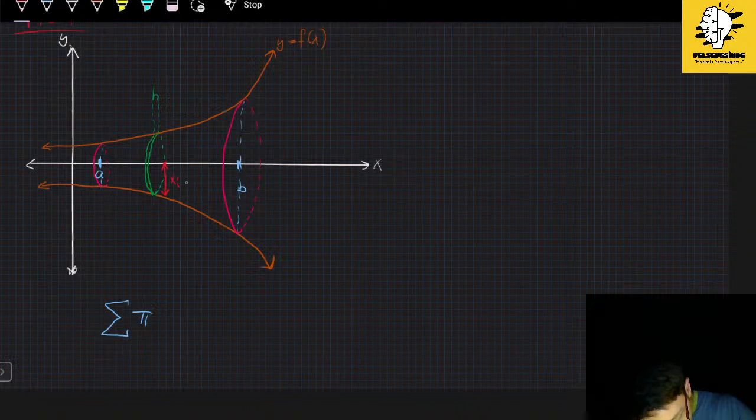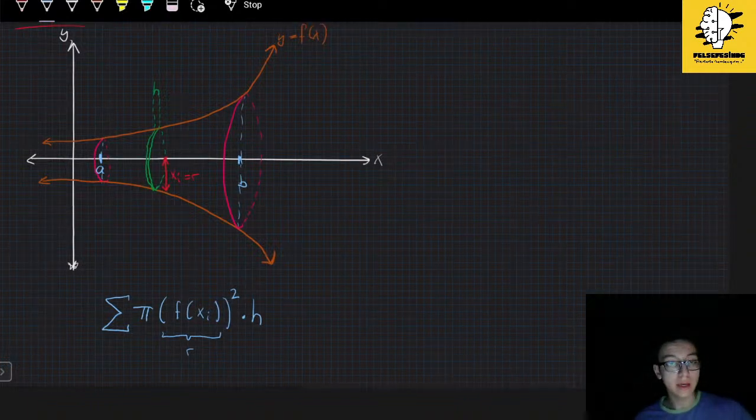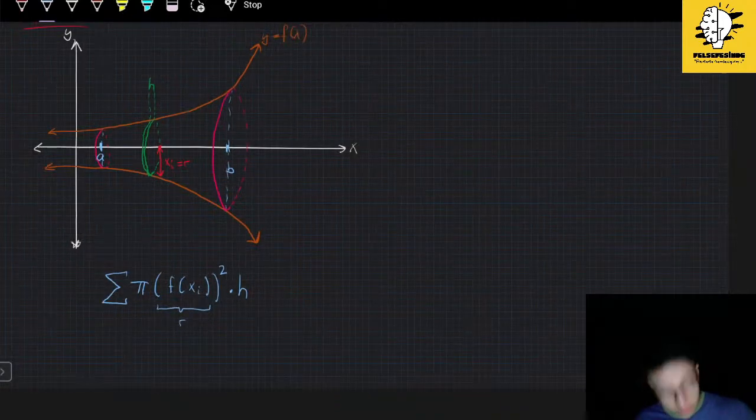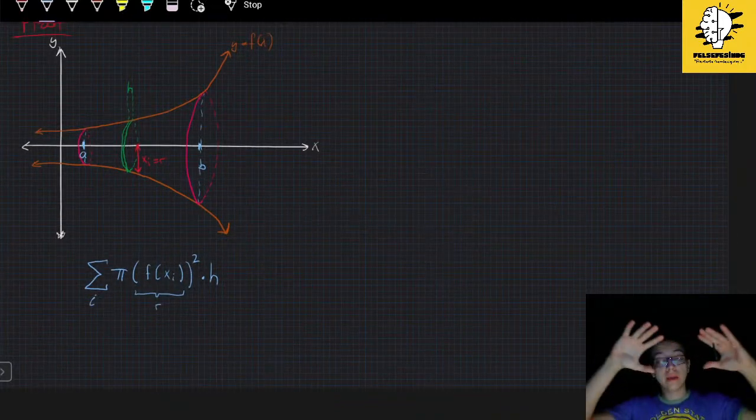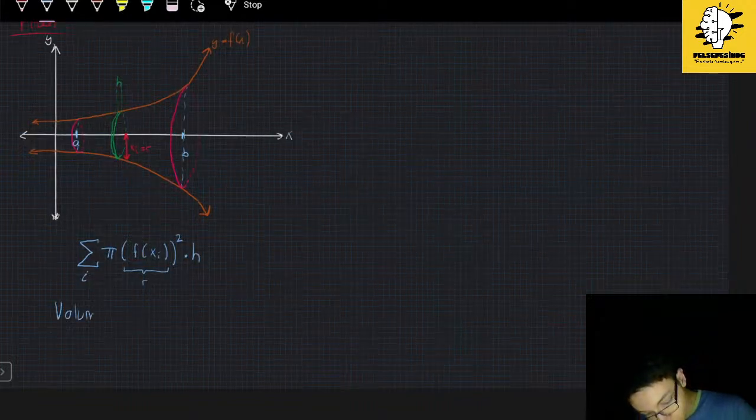My r value was this one, so I will just recall it as f(xi) to the power 2 times my h. This is the r, this is my pi, and this is h. I have used sigma over here because I am trying to find the sum of it. Now, to find the volume of revolution, I will say volume of revolution.